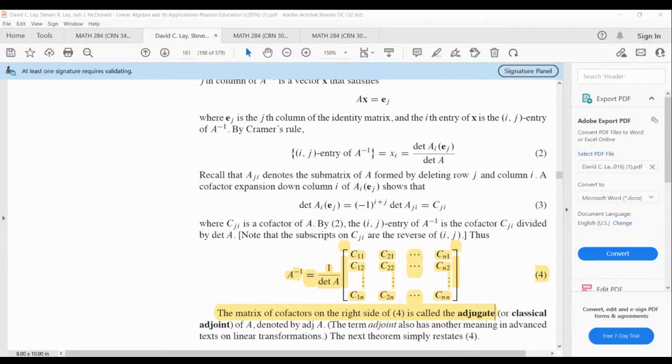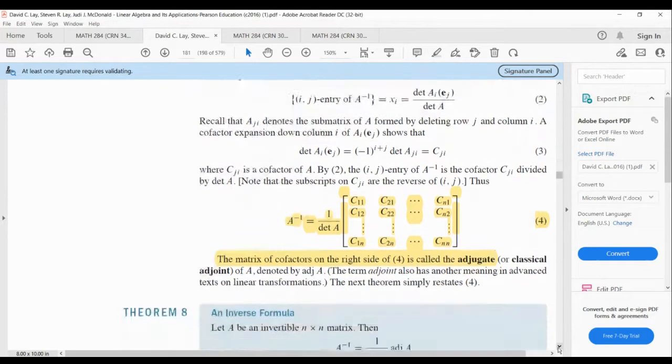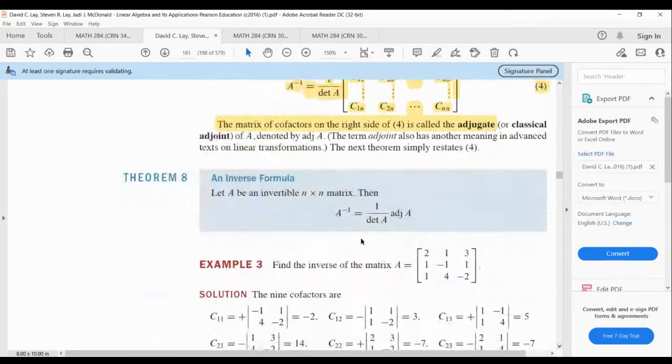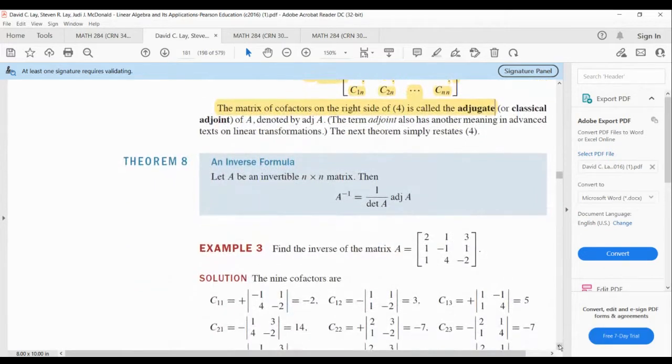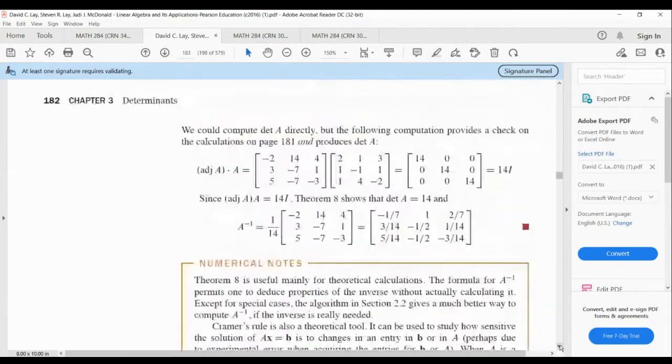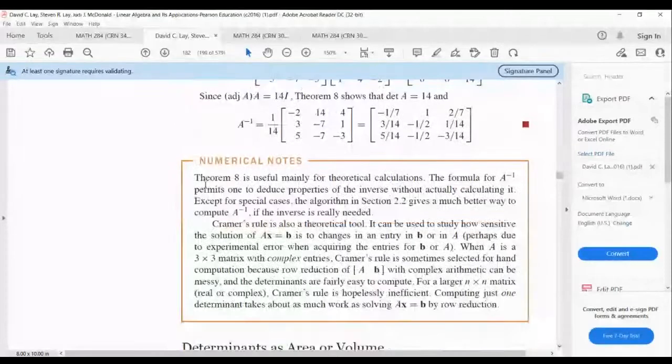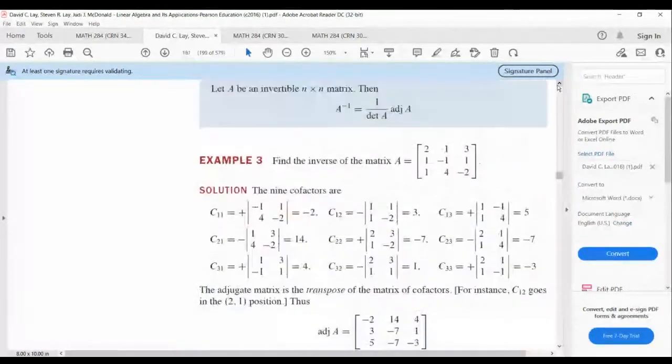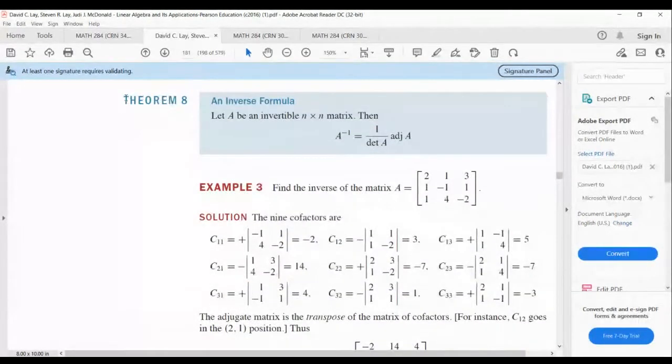However, there are numerical notes that say that the approach that you learned in section 6.2, I mean, there's the formula there, and that would work, right? But this theorem 8 is right here.